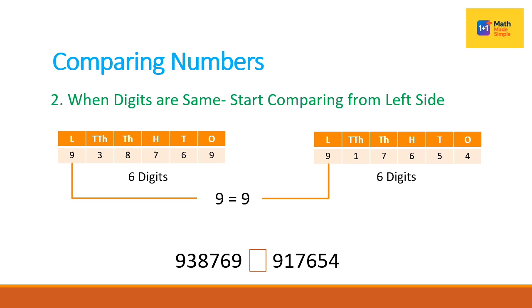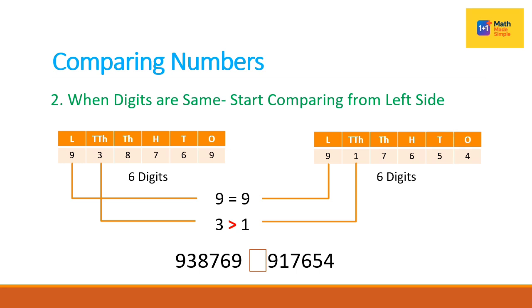So we will compare the 10,000 place digit in these two numbers. Here in the first number it is digit 3, whereas in the second number it is digit 1. So 3 is greater than 1, which means the first number is greater than the second number.